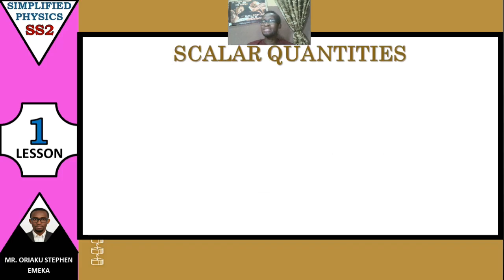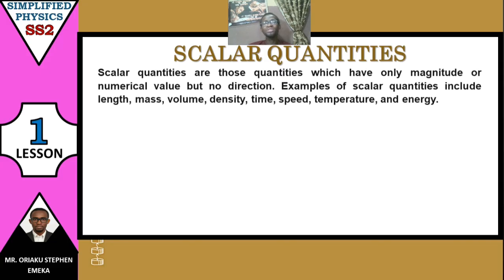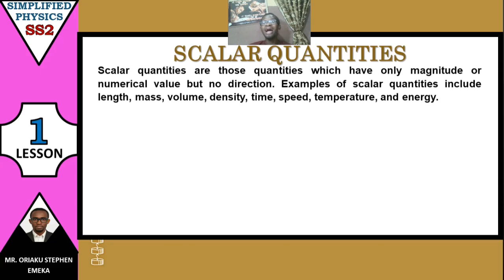Now, what is scalar quantity? We have talked about this in one of the classes we had for SS1. So let's dive in fully into this. So scalar quantities are those quantities that have only magnitude or numerical value but no direction. So when we talk about magnitude, magnitude talks about a number value.